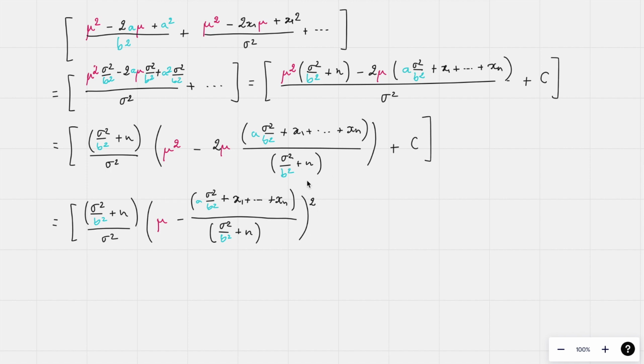So as you can see, if I now expand this, it will be mu squared, which is there, minus 2 times mu times this term, plus that whole thing to the square. And that's, again, something that does not depend on mu, so I can just pack it into my term c here, which I abuse all the time.